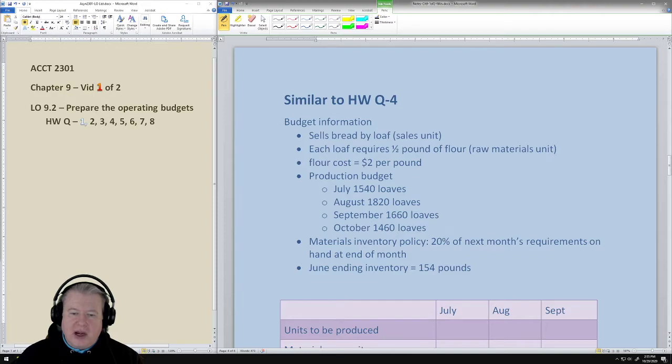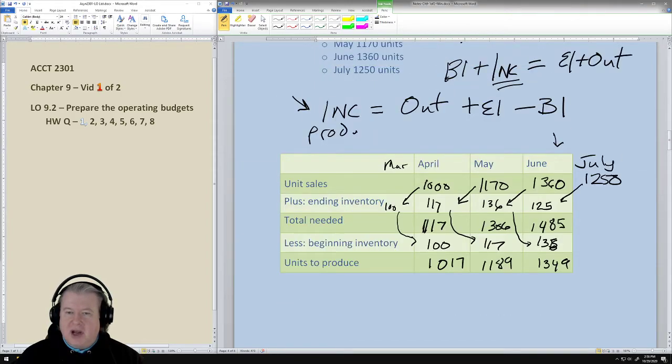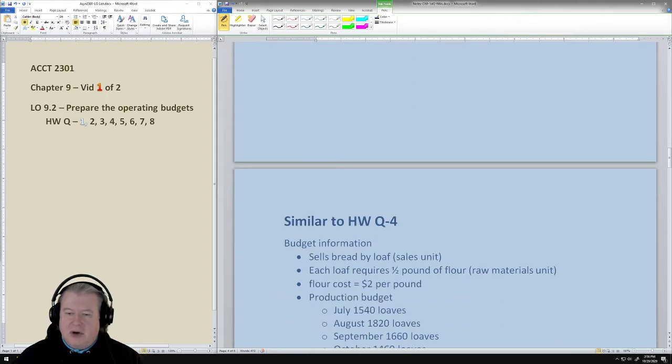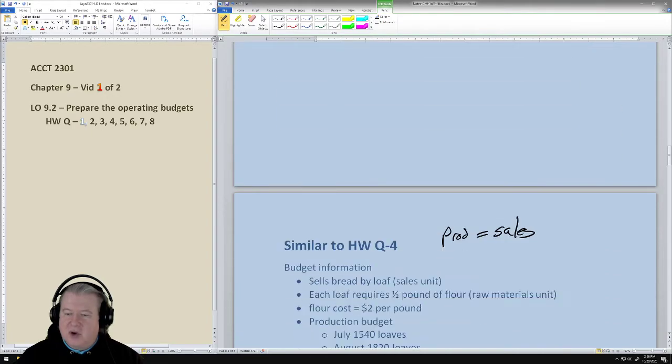So now we're going to have some information about the raw materials. We're going directly into materials, which is very similar to the previous one. In other words, there's a beginning and ending inventory, and so we're still going to have this equation. Production equals sales plus ending inventory minus beginning inventory, right?